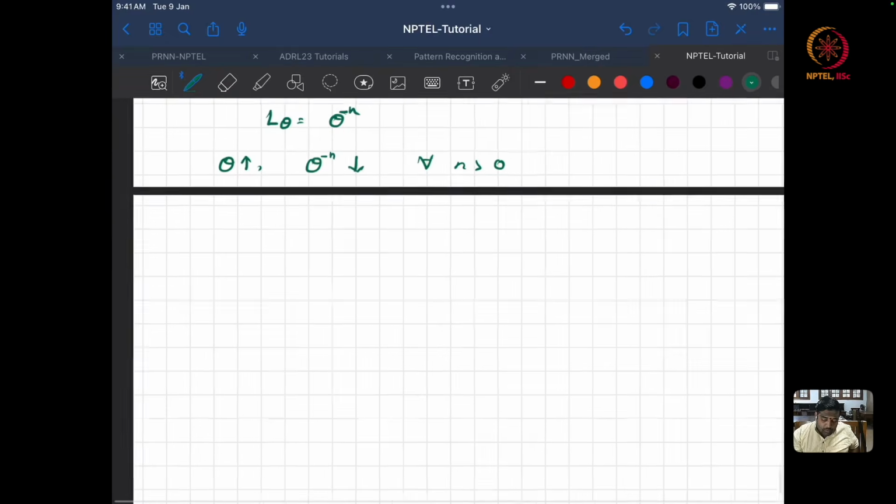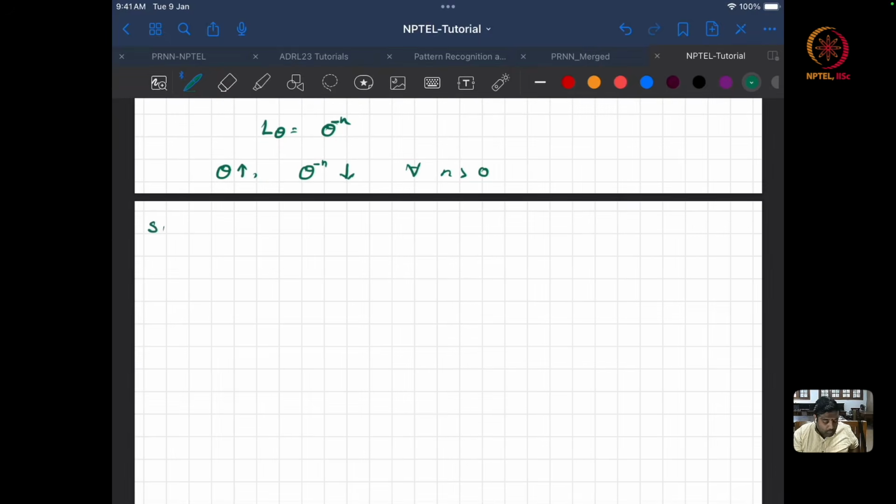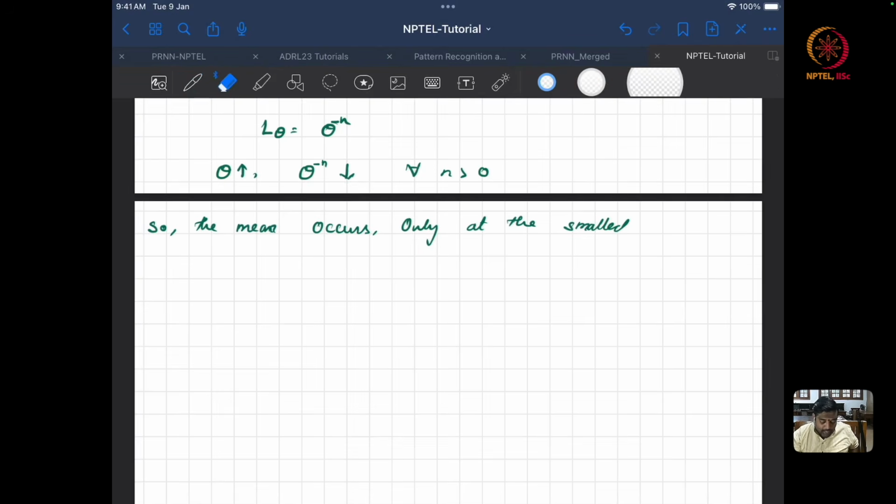So the max, oh sorry, not the mean, the max value occurs only at the smallest allowed point.